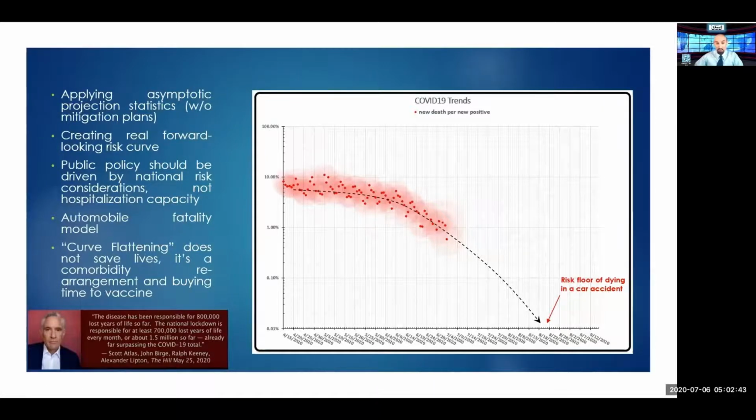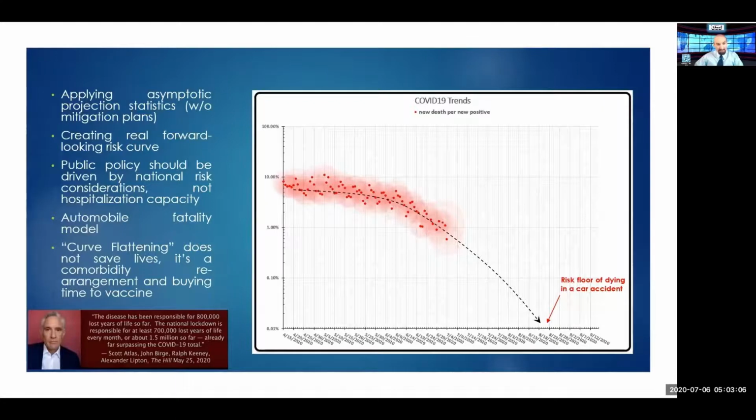They will not go away because, as we said, this is based on no mitigation plans. So the risk will go down, but the fatalities and the infections will not. So by doing this, we created a real forward-looking risk curve upon which we can do planning.